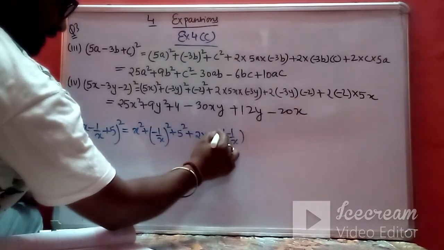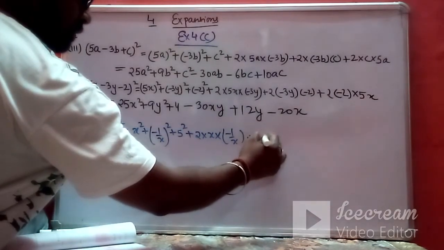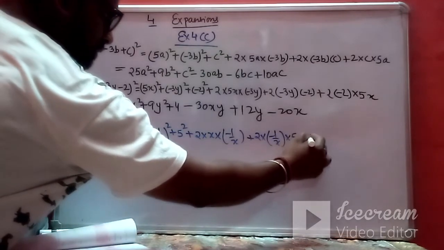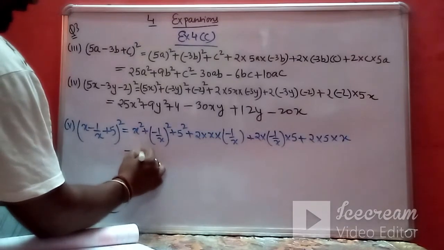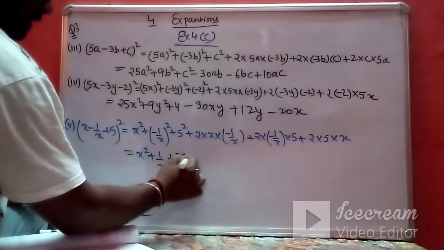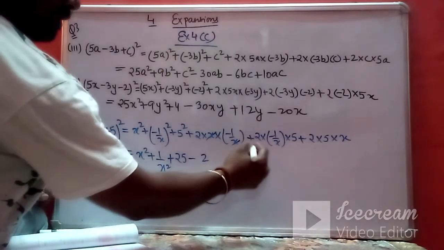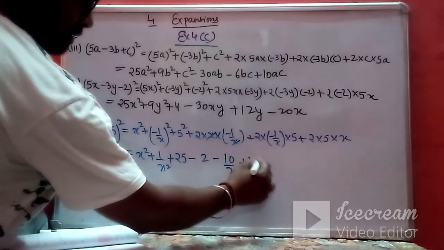Okay, again I have taken along with the sign. Sign of 1 upon x is minus, plus 2 into bc plus 2 into ca. So it is x square plus 1 upon x square plus 25, and this x and 1/x cancel, so minus 2, then minus 10 upon x plus 10x.